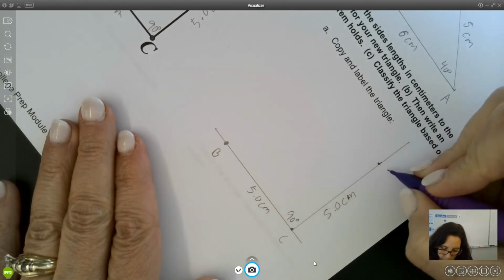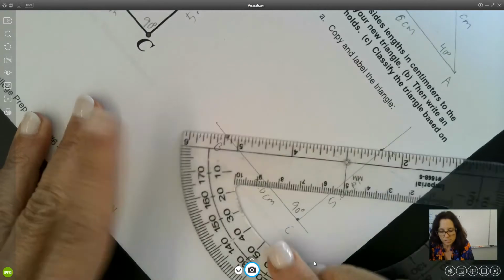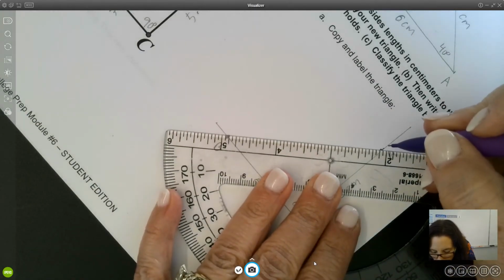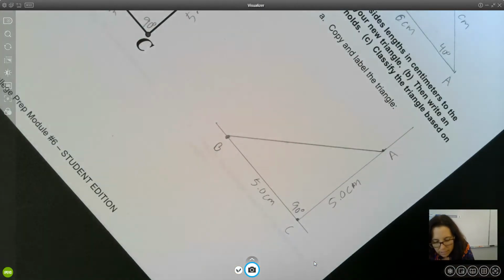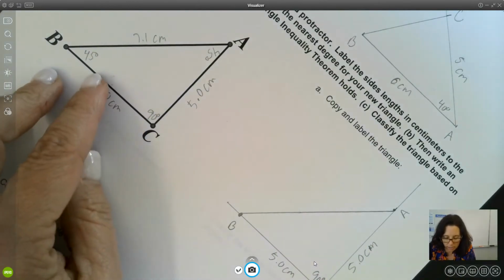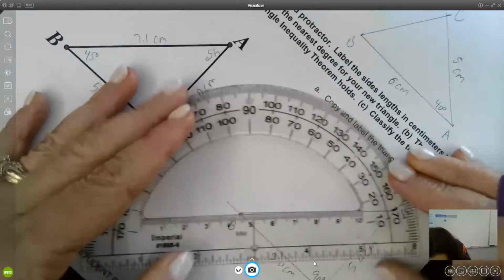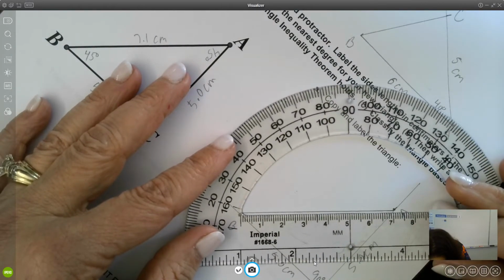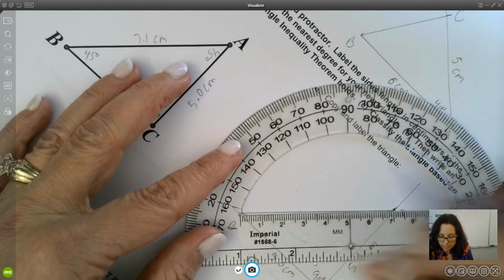Centimeters, and this is A. Then I just need to connect these two and make sure that distance is 7.1. I'm a human, and I may be off a little bit, but it better be darn close. And it is 7.1.